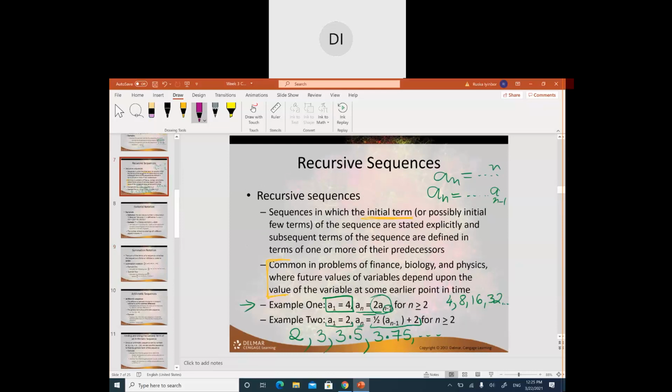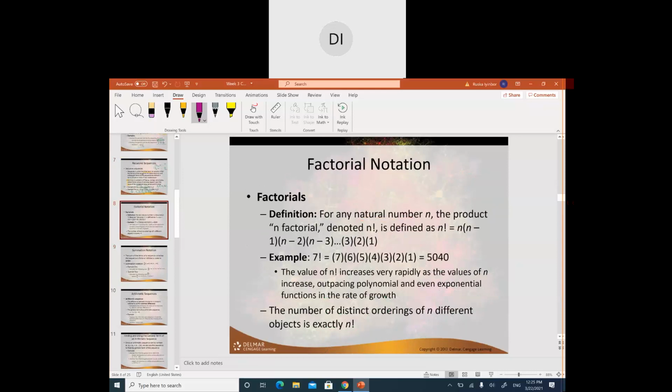Okay, so now we're going to talk about factorials, and the summation notation because we're going to talk about series. Series is adding numbers in a sequence.